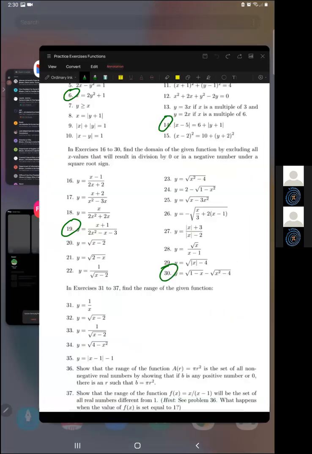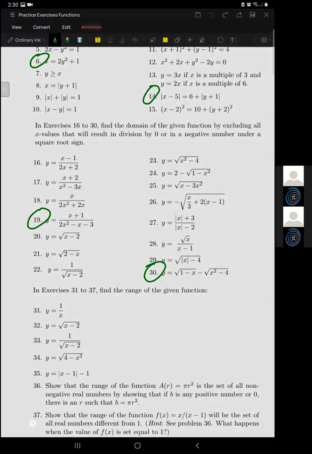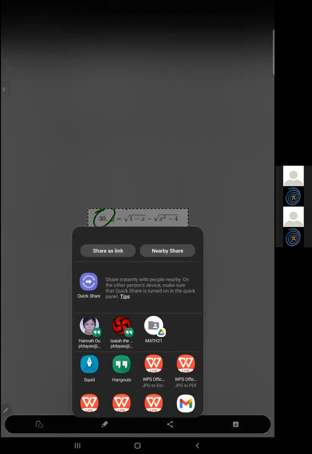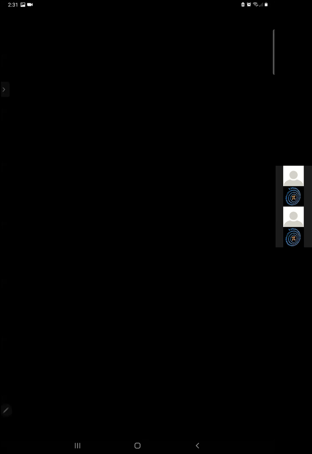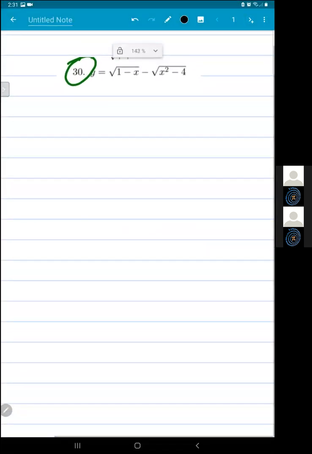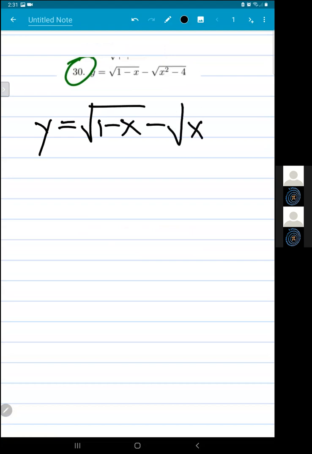Okay, number 30 here. So y equals the square root of 1 minus x, minus the square root of x squared minus 4.